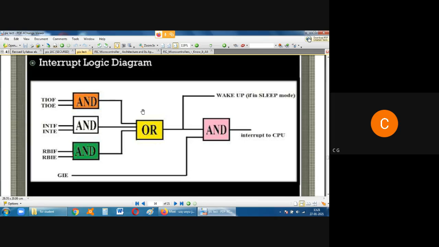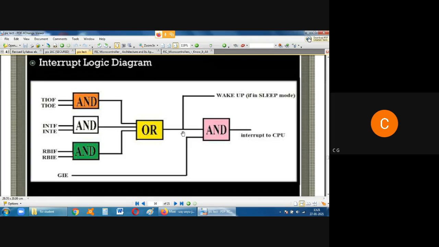This is clubbed together through the OR gate, and then this is enabled, and this OR gets input. If both are 1, then it goes to the CPU. If not, the CPU will not notice any interrupt coming, because this is disabled or any one of these terminals is disabled.